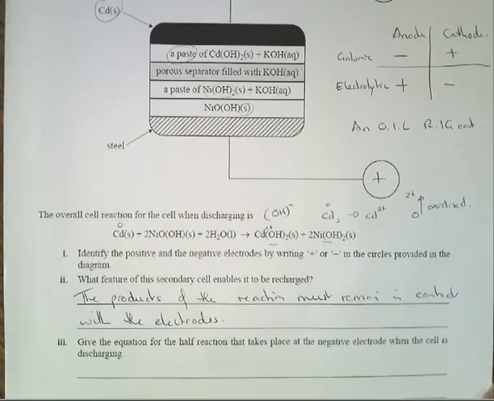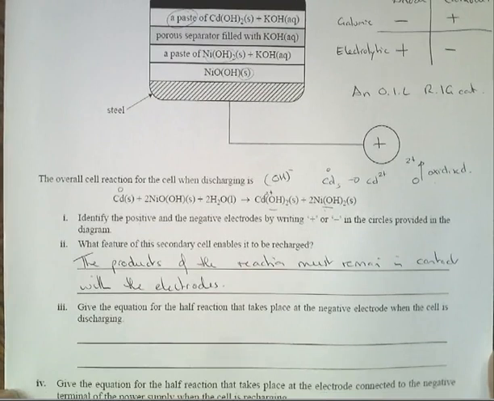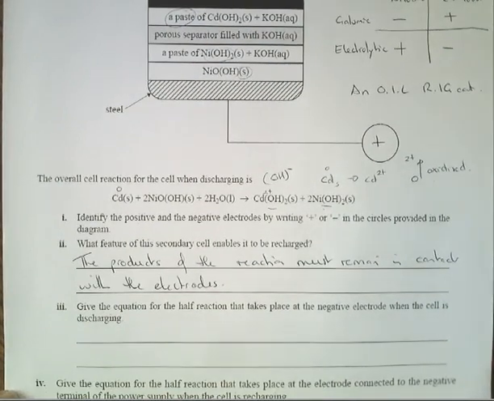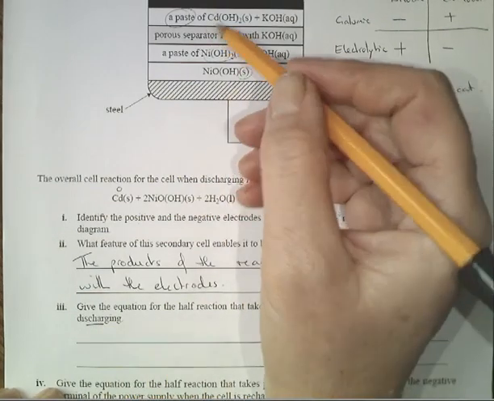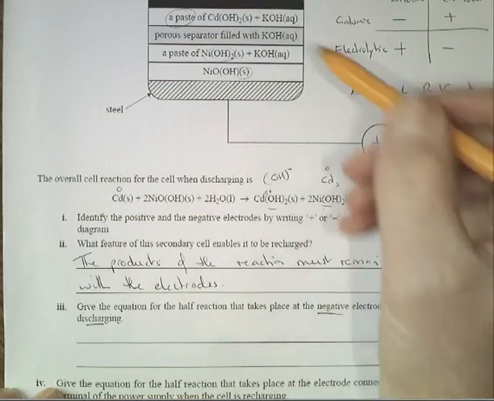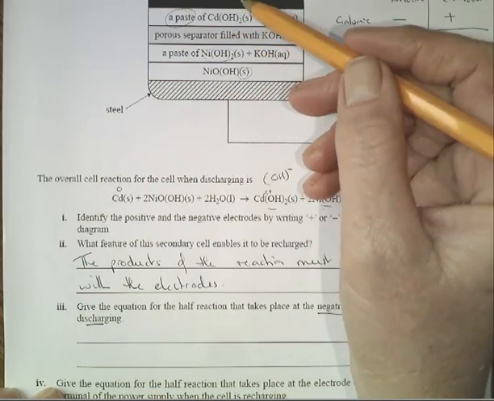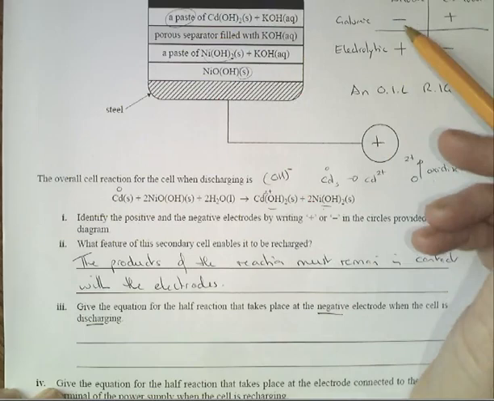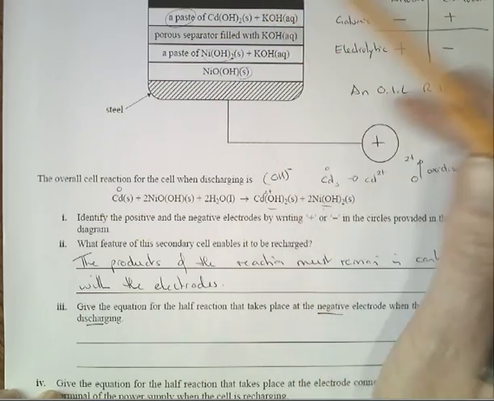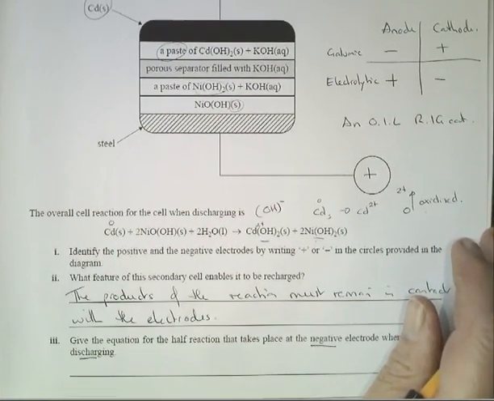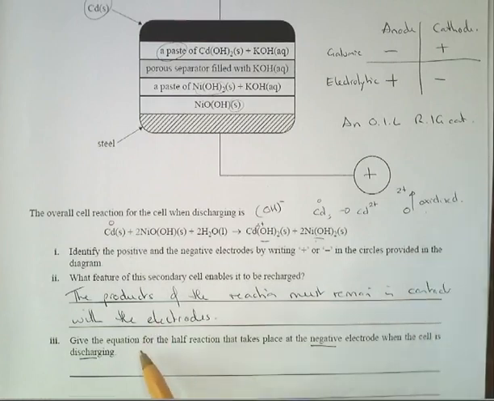Give the charge for the half equation that takes place at the negative electrode when the cell is discharging. Okay, so just normal reaction when it's working normally. So negative electrode, negative anode, is the cadmium. So give the equation for the reaction.